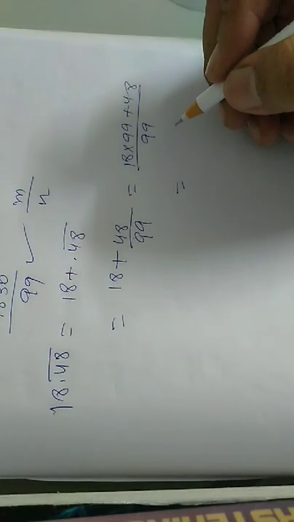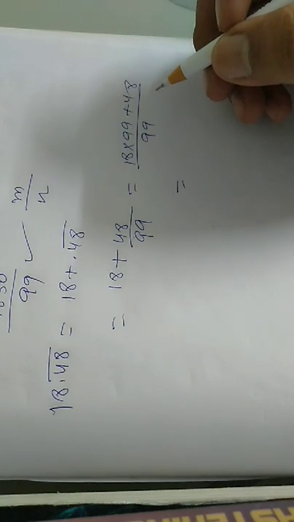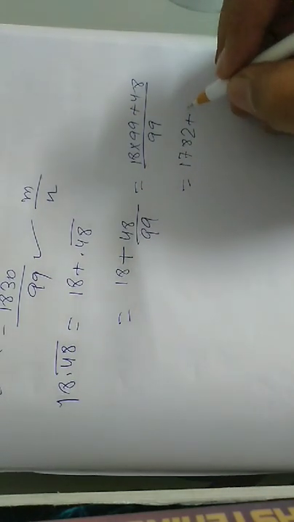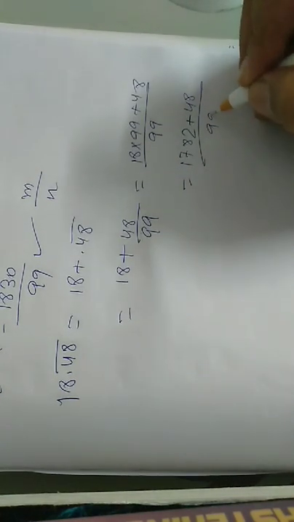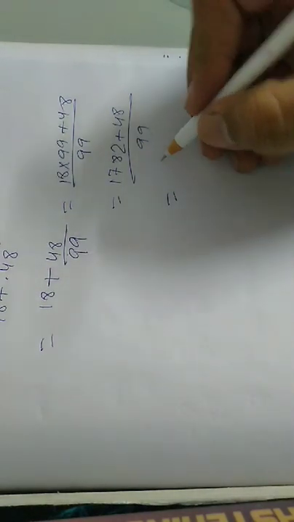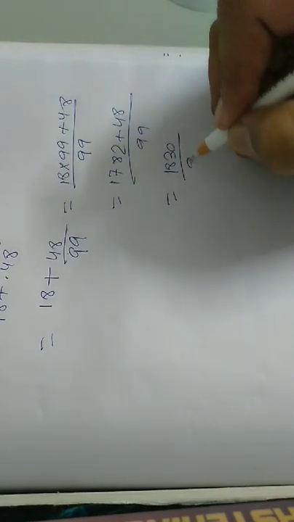Now 18 into 99 is 1782, and then this 48 is there by 99, and that's equal to 1830 by 99.